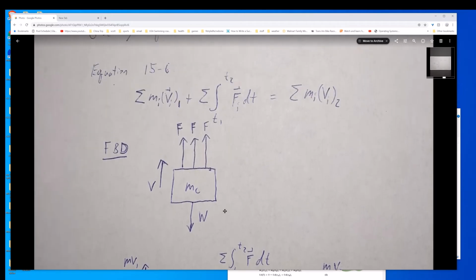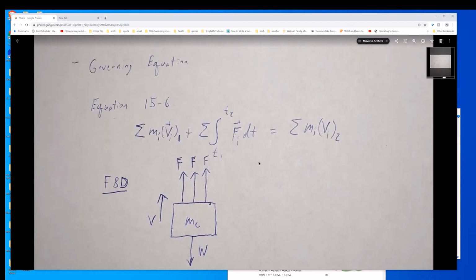If we go back and look at our governing equation for this problem, this term becomes zero, and we have some force acting over some time period resulting in some mass, linear momentum at the end. So one of the things is we know what t2 is. t2 is going to be 4 seconds. But the question becomes, what's t1?